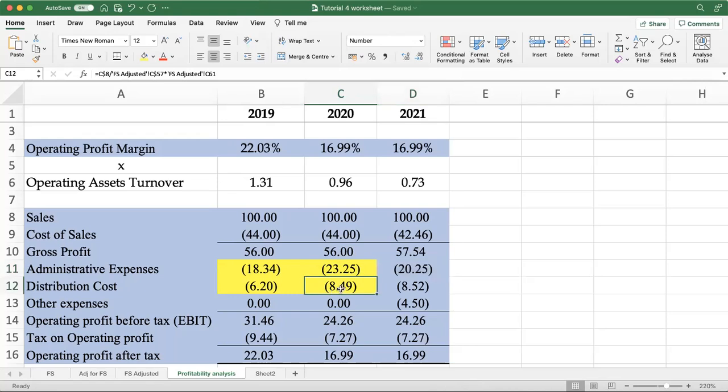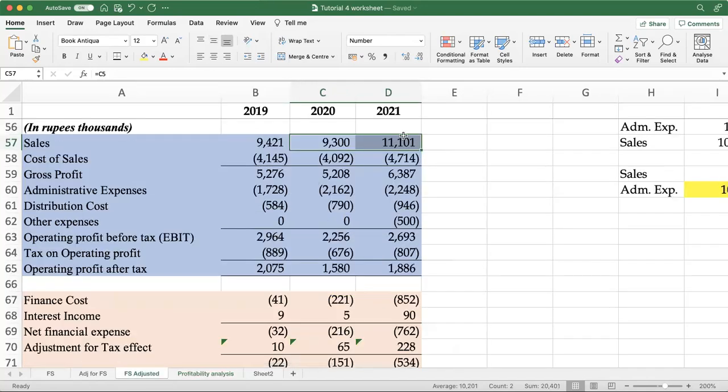Then you see distribution costs. Distribution cost level has gone up slightly. If you see the financial statement, sales has gone up. So when the sales goes up, we expect distribution expenses to increase.